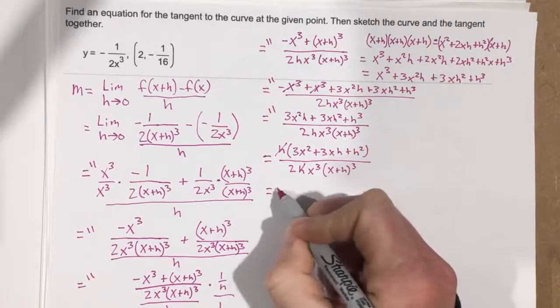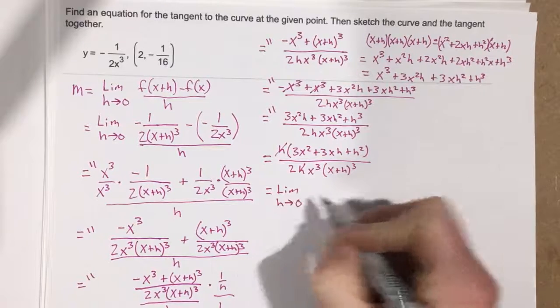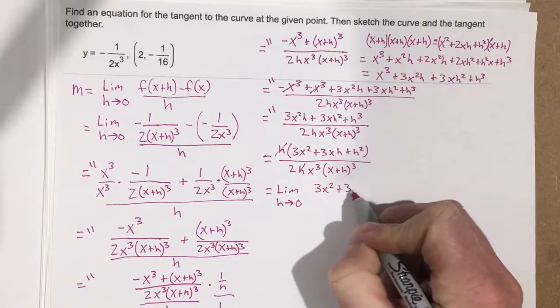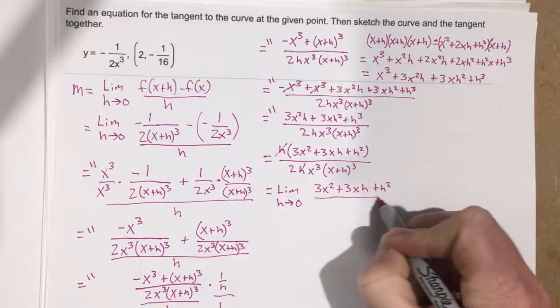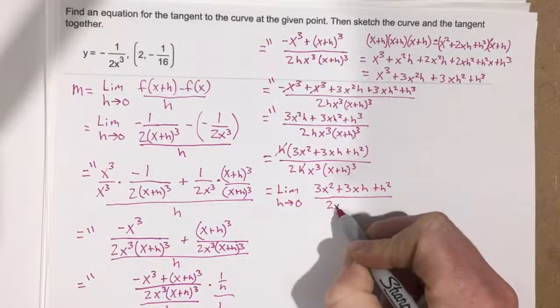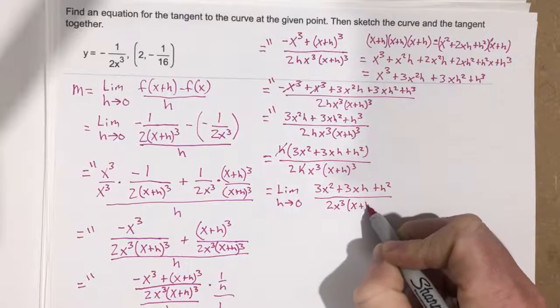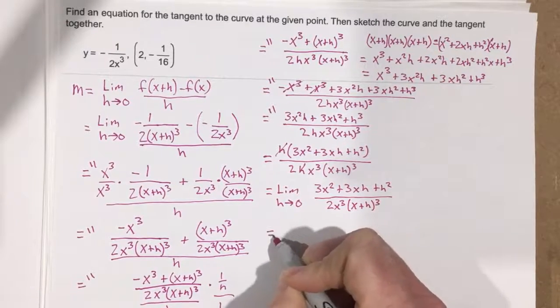So now we have the limit as h approaches 0 of 3x squared plus 3xh plus h squared all over 2x cubed (x plus h) cubed. Let's go ahead and plug in a 0.